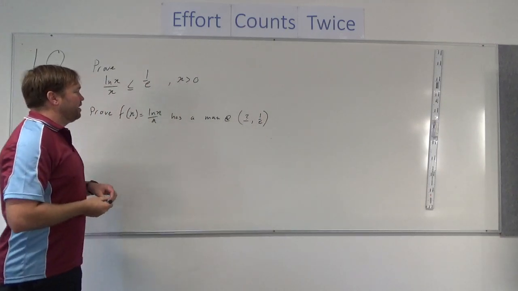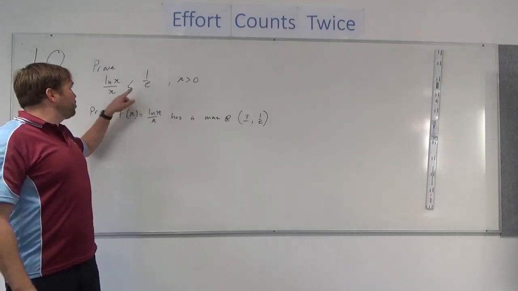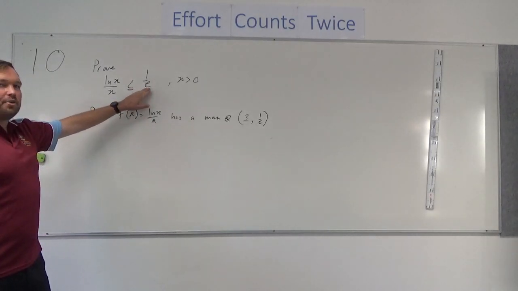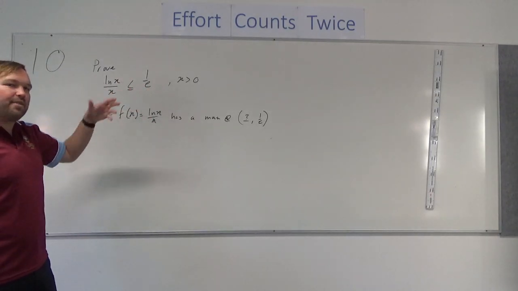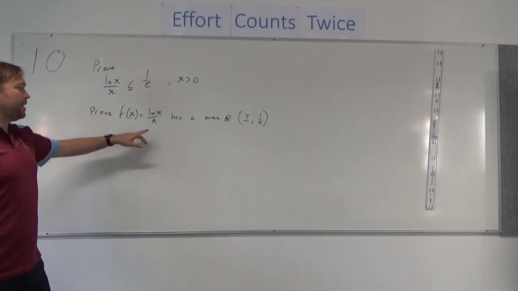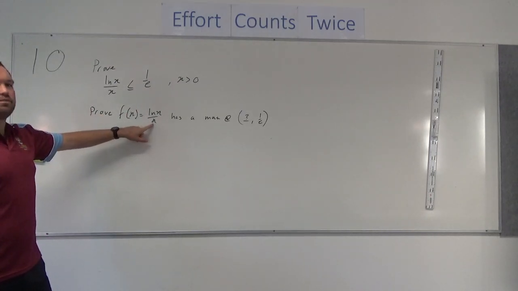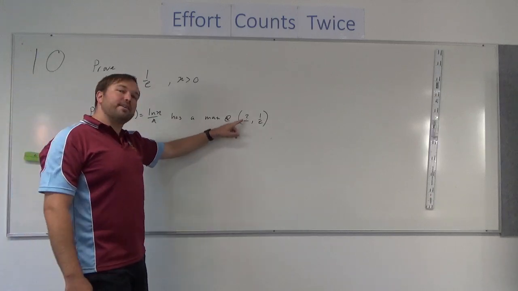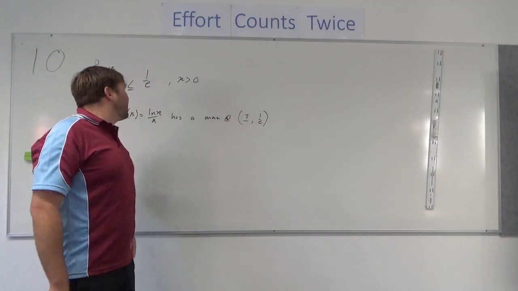Meaning that this graph goes up to a maximum of 1 on e, but doesn't go above it, and there is no other maximum. So really it's asking us to find the max of this graph. Ideally we find where it occurs, but show that it'll be the only max.